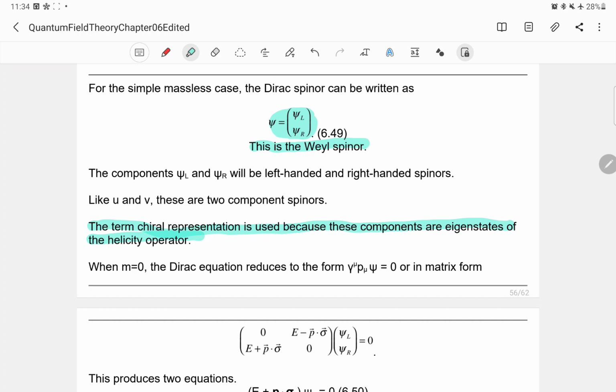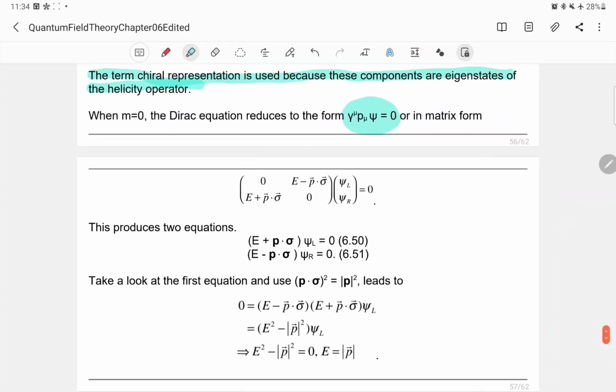So when m is 0, the Dirac equation will be just this part, no second term, and in matrix form it is just this.